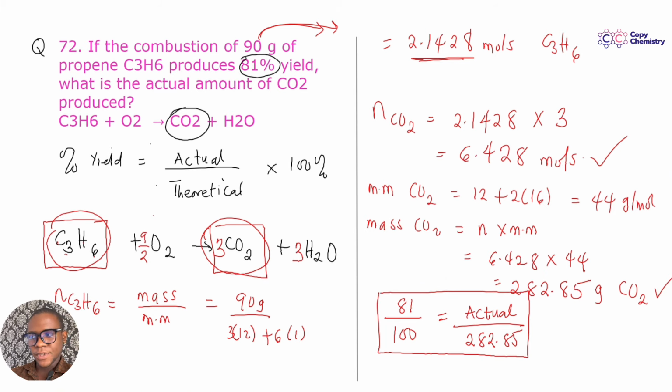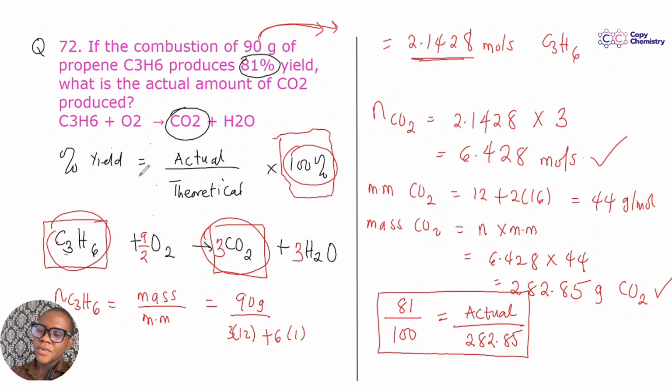And then I'll just solve for the actual yield by cross multiplying and dividing both sides by 100. All right. So if you're asking what happened to this 100 here? Well, if you look at it, 100% is 100 divided by 100, which is 1. So I didn't need to write it.